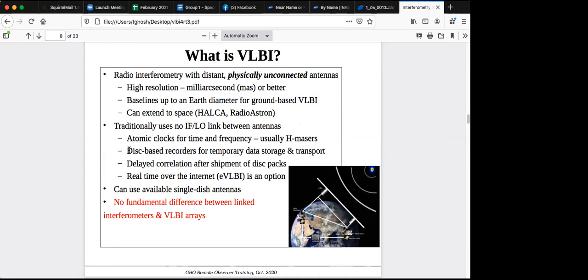The data are recorded on disk-based temporary storage, and then they are transported to a common correlator. And there, the data correlation happens after the fact. Sometimes data are also sent in real time over the internet, and these are called eVLBI.